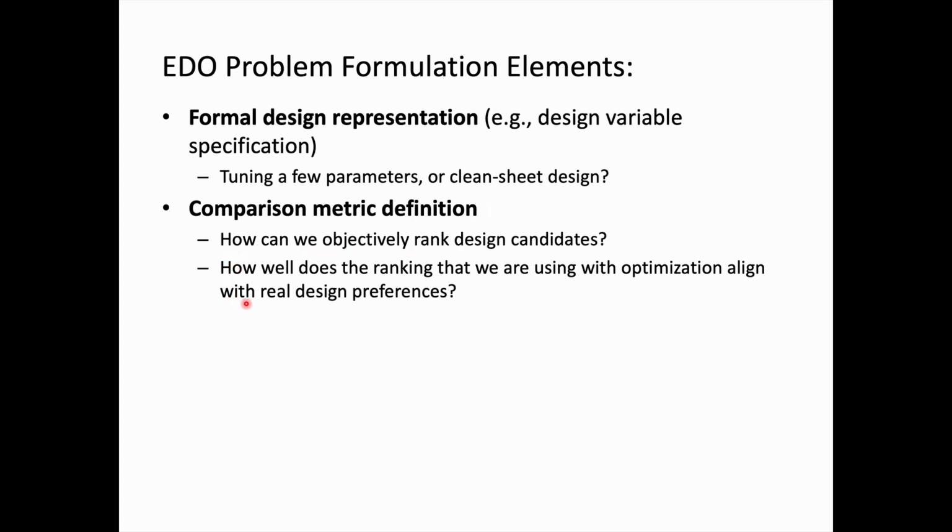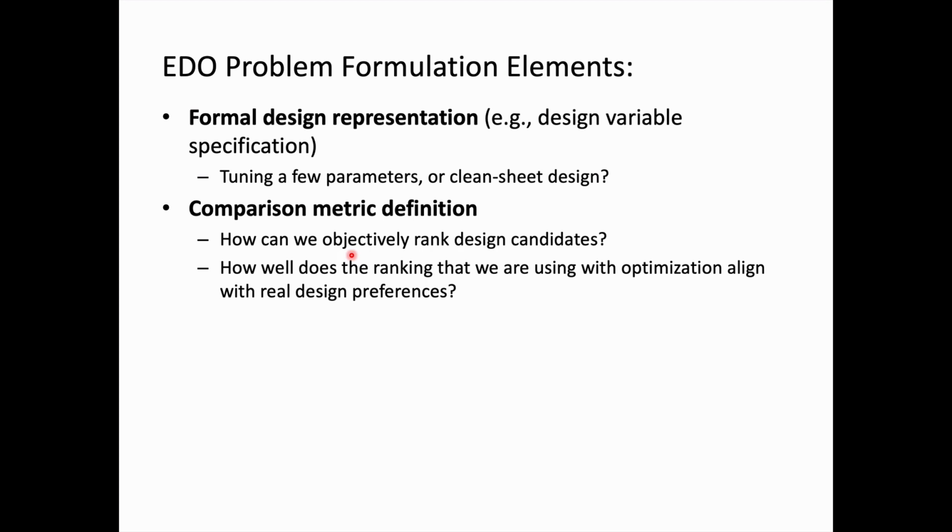How well does this ranking that we're using with the optimization, how well does that ranking align with the real design preferences? So this might seem a little bit abstract at first, but basically we need a way of ranking different designs, but we have to do it in a way that can be automated. We have to do it in a way that will be compatible with working with an automated optimization algorithm.